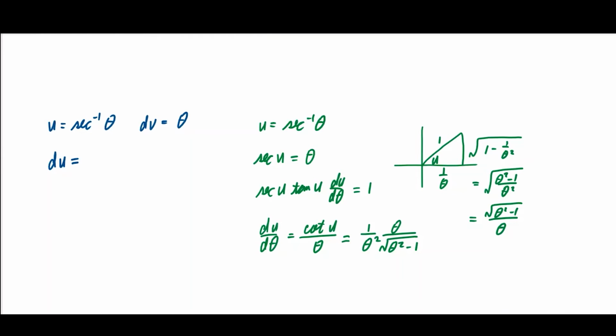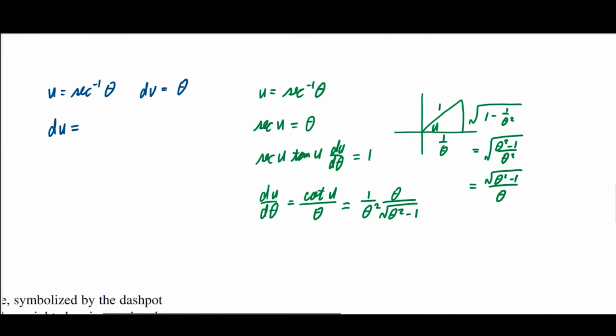You get it? I usually had absolute value here, but we don't need that absolute value in this case. So this whole thingy turns out to be 1 over theta square root of theta squared minus 1 is what du over d theta is. Good? I know, huh? What a mess.